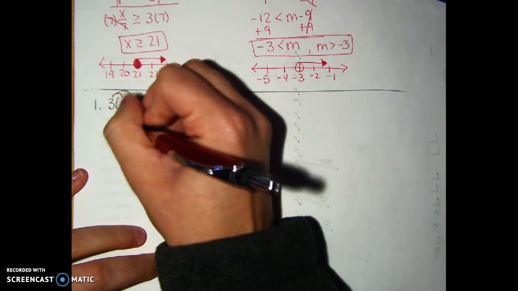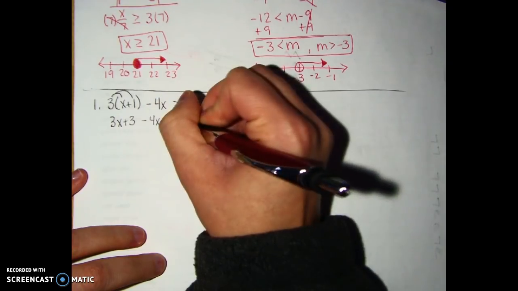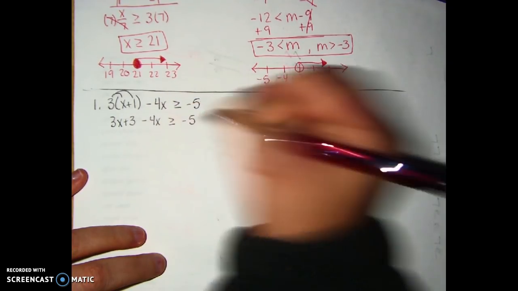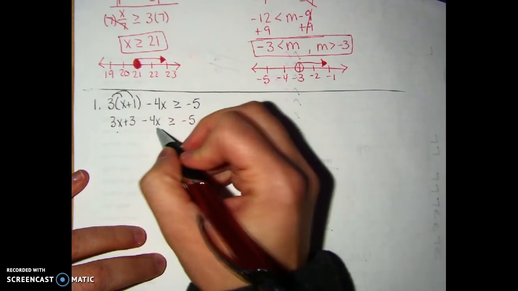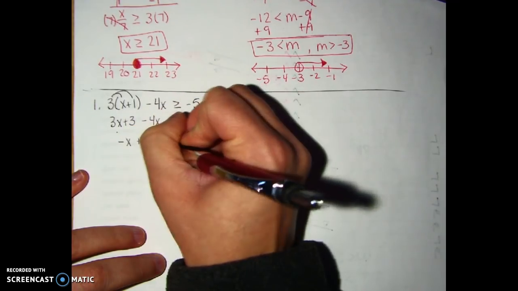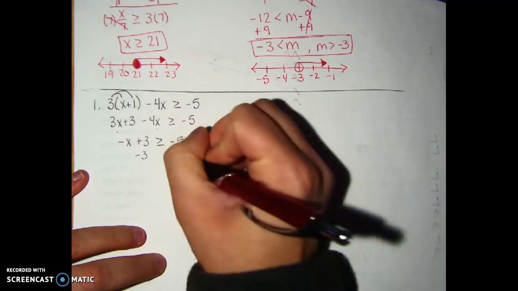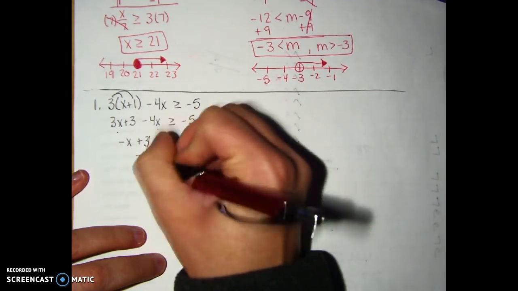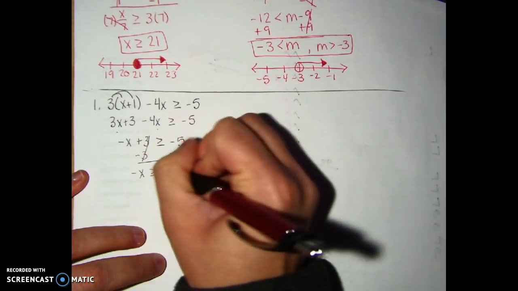So I'm going to distribute the 3 to get 3x plus 3 minus 4x is greater than or equal to -5. Combine like terms, 3x minus 4x is -x. And then I'm going to subtract the 3. I get -x is greater than or equal to -8.